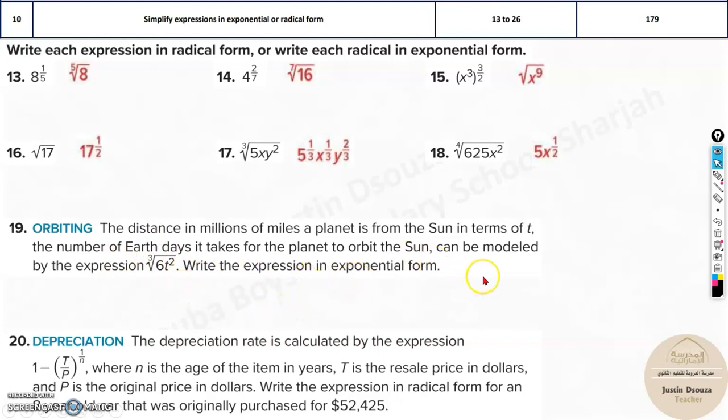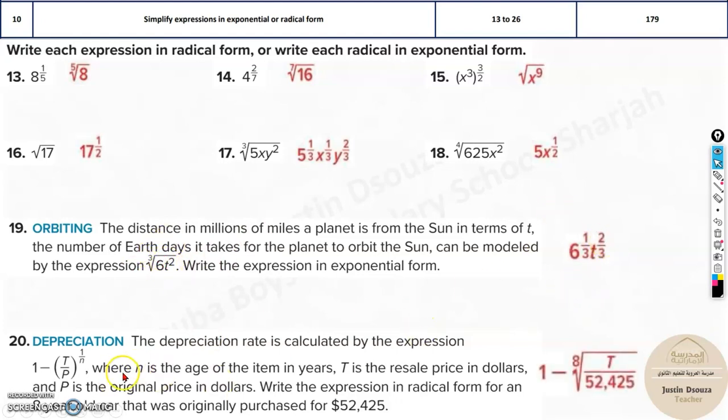Sorry, let me read it again. Write the expression in exponential form. All you need to do is simplify this to exponential form. Nothing else. It's just that this is the equation given over here. The answer is 6, 1 by third, t, 2 by thirds.